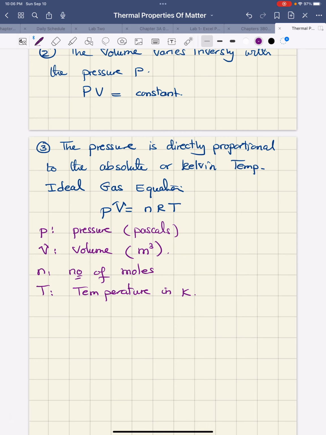Now R is a constant, and of course this constant depends on the units. With the units stated before, it is 8.3145 joule per mole kelvin.